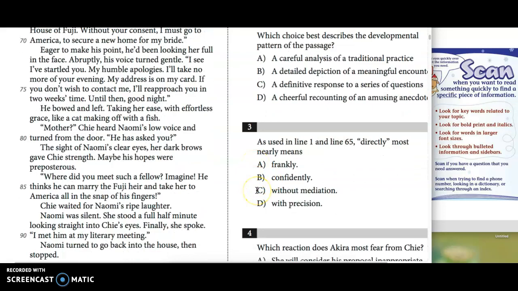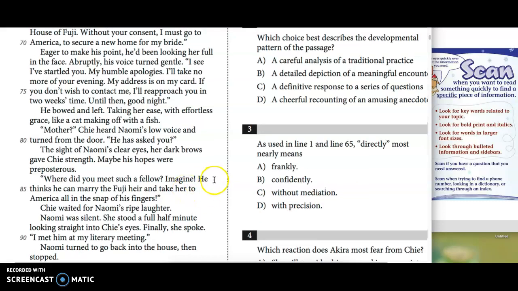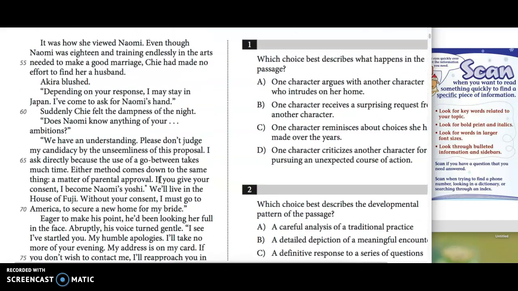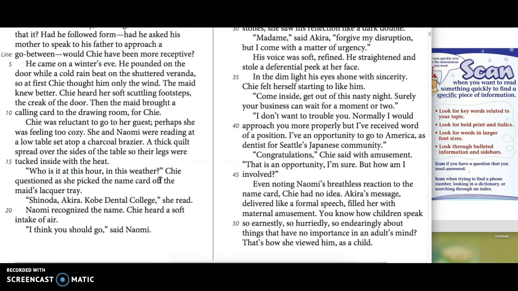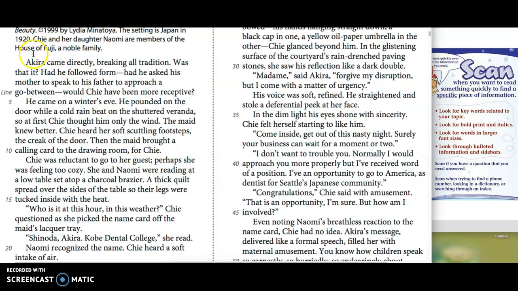Confidently, without mediation, we need to know what mediation means, or with precision, okay? And we're not really sure. I mean, we could probably X out some responses, but let's look at one and see if there's a common definition. "Akira came directly, breaking all tradition."